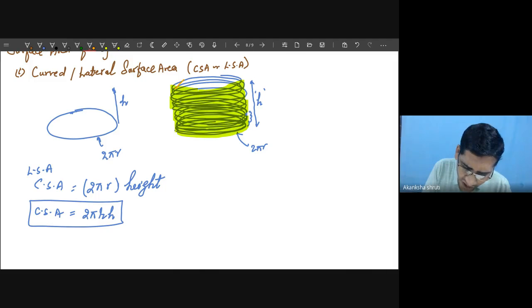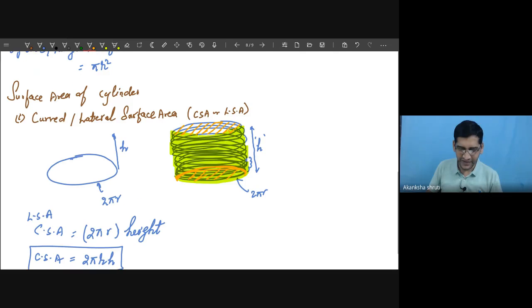We have not counted these yet. The bottom is hidden, so perhaps we may not draw it like we did for the top surface.